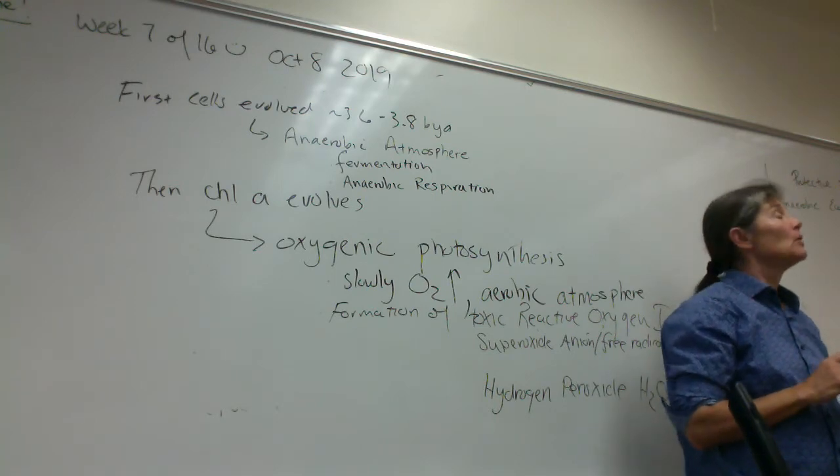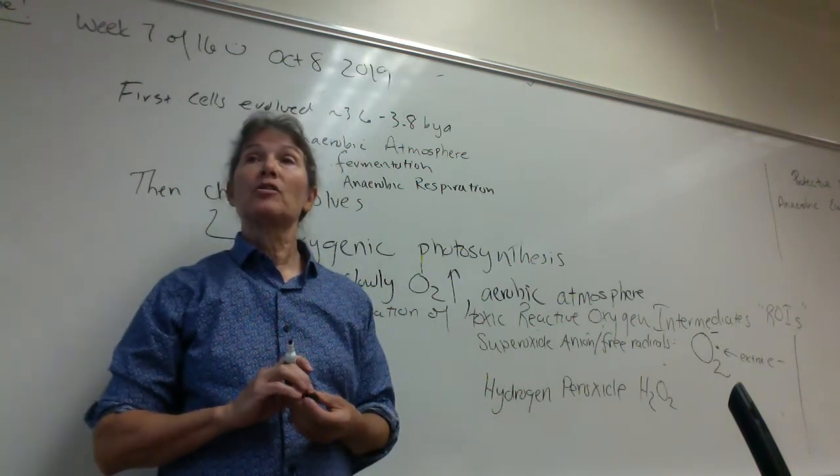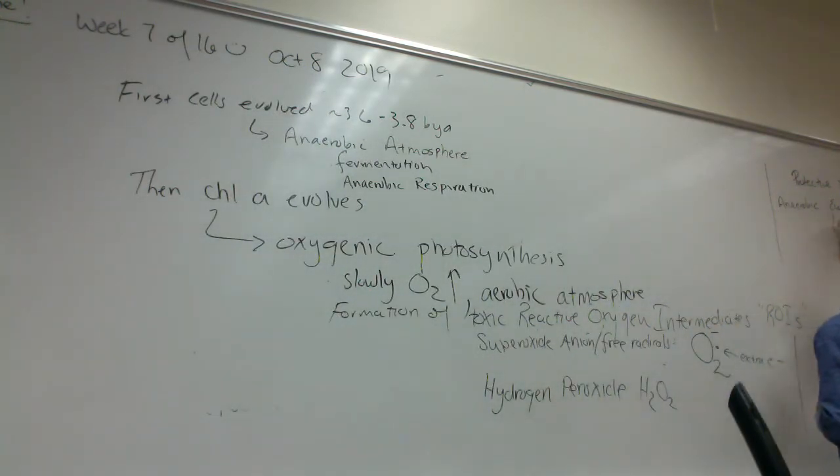So there was natural selection for mutants which make enzymes that could break down these reactive oxygen intermediates, to detoxify them, to make them unharmful.